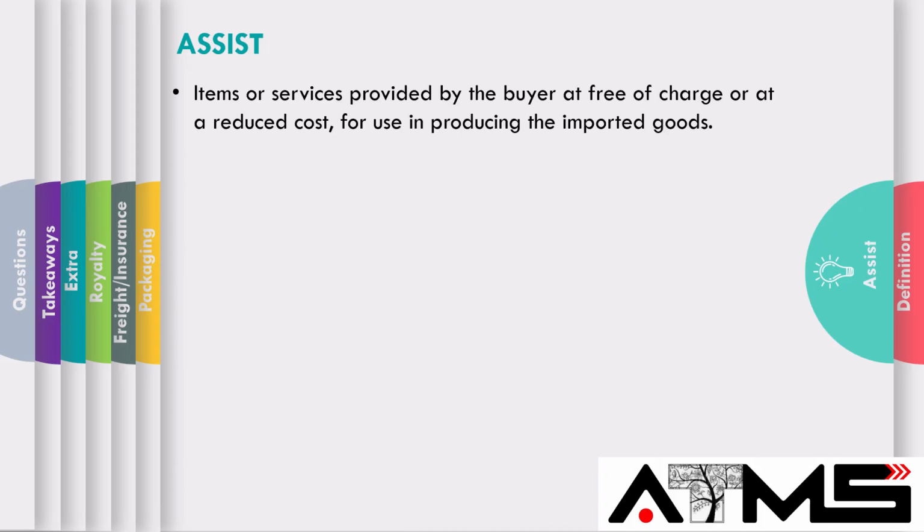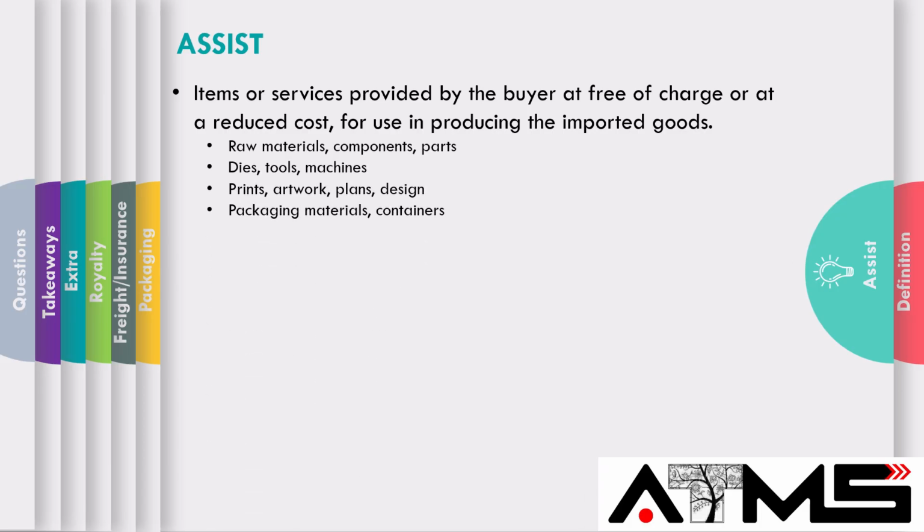An assist refers to any item or service provided by the importer to the exporter free of charge or at a discounted price for use in producing the imported goods. Examples include raw materials, parts, or components necessary for production.